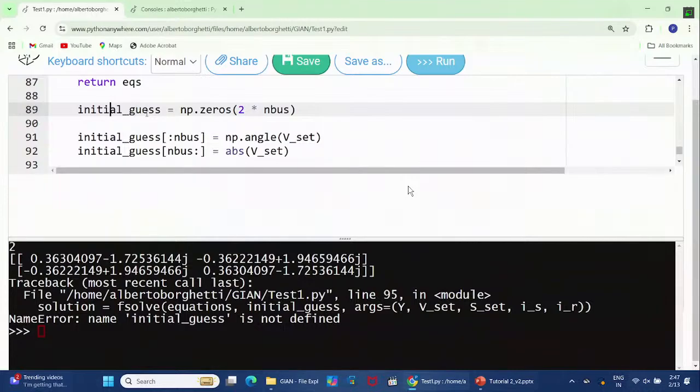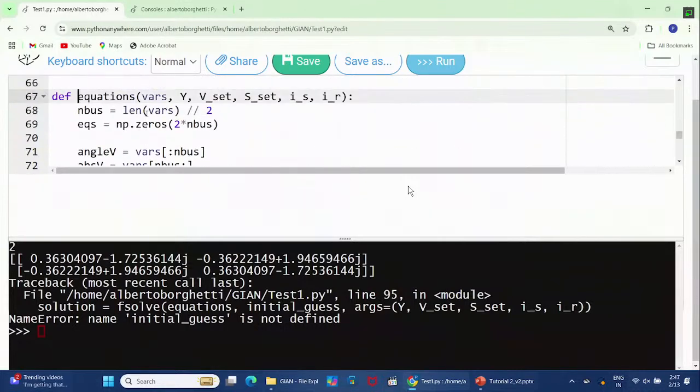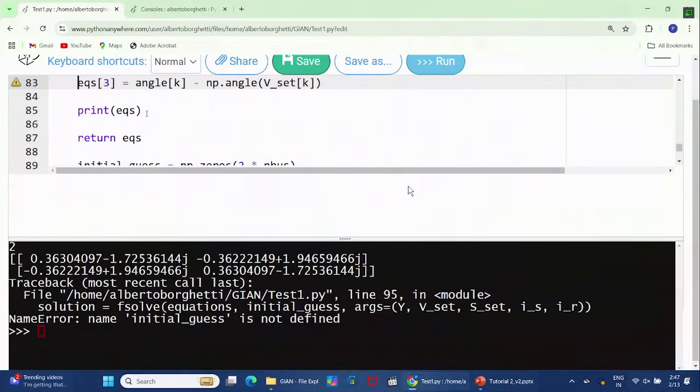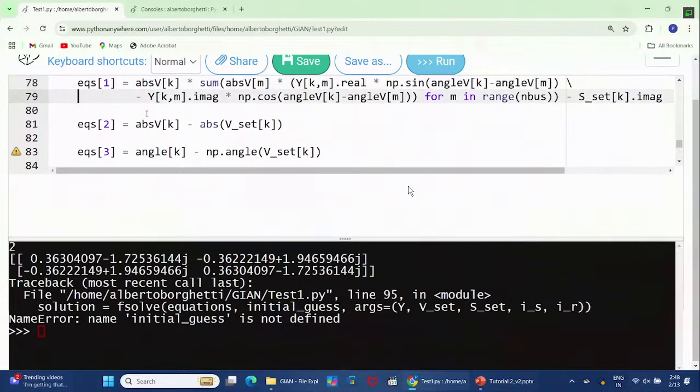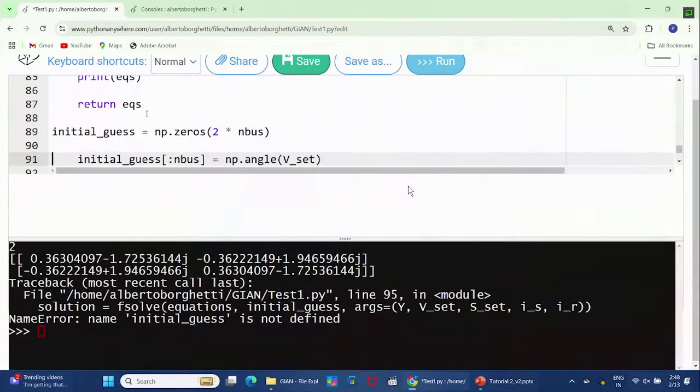We are indented. So it thought that we were always writing inside this function. We are still inside the function. The return does not close the function. The function is closed when we go back to the first column.